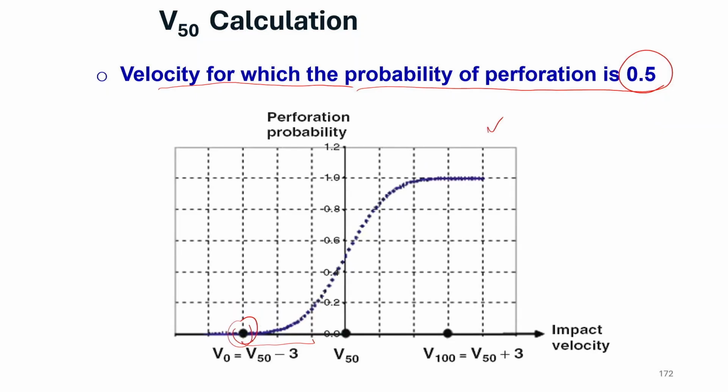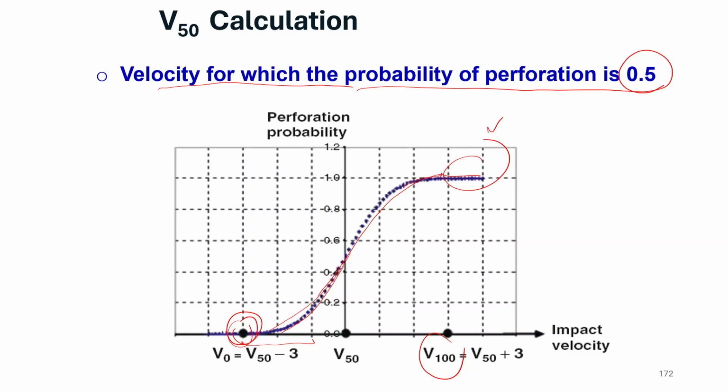So, here there will be no perforation, but within this there will be partial perforation. So, that way we can calculate the probability of perforation here, and above a certain speed, say V100, there will be 100% perforation, complete perforation.